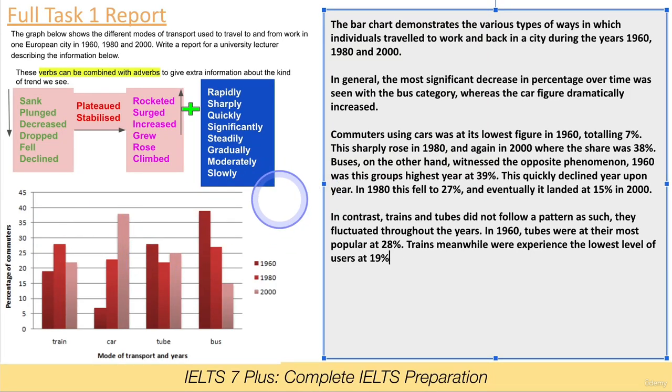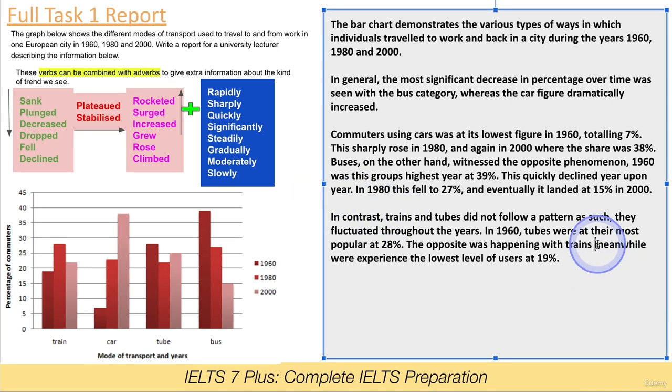Okay, so the opposite was happening with trains, which meanwhile were experiencing the lowest level of users at 19%.